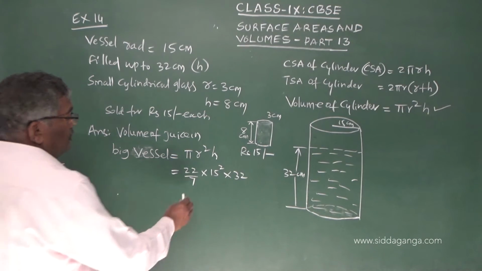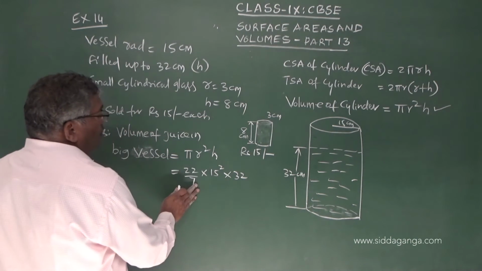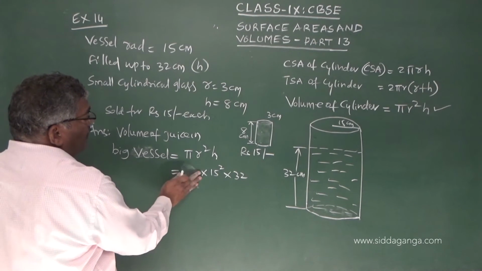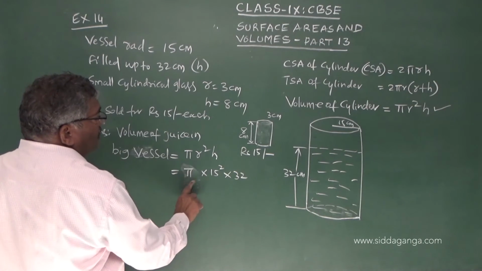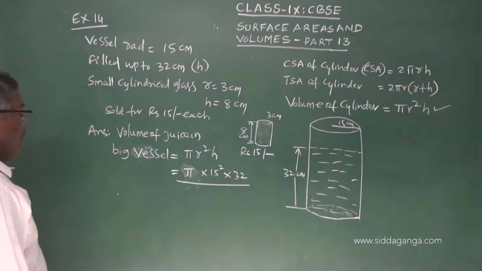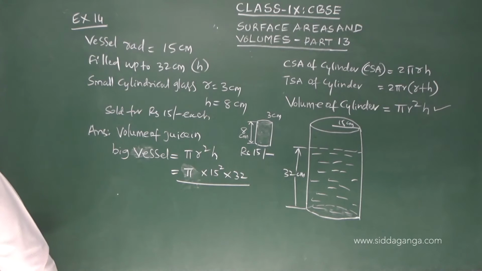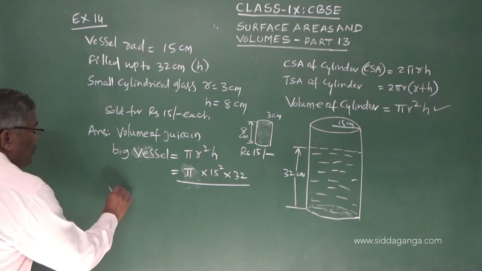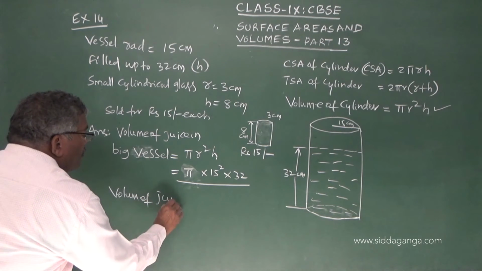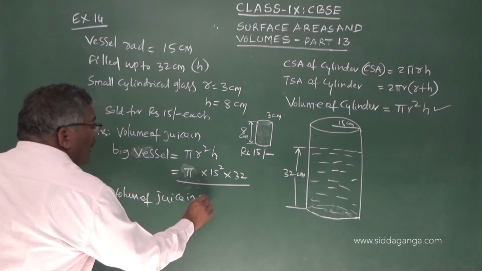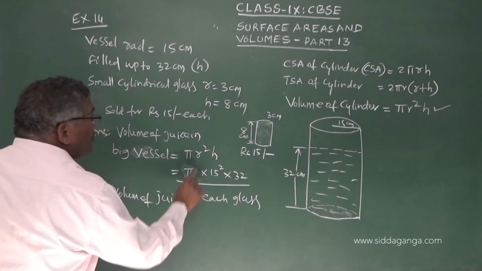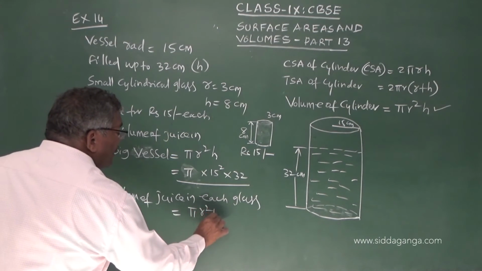I will put it as pi only. So pi into 15 square into 32. This is the total volume. So volume of juice in each glass equals same formula pi r square h.